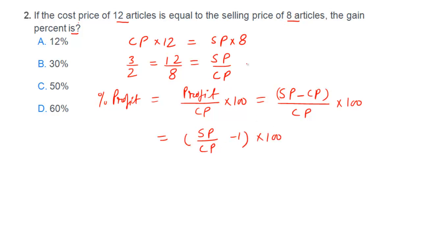I am solving this question with the help of the formula, and that's why I got this ratio SP by CP. So SP by CP is equal to 3 by 2 minus 1, multiplied by 100. This is 1 by 2, 0.5 into 100, so that is 50%. So 50% is the profit, and option C is correct.